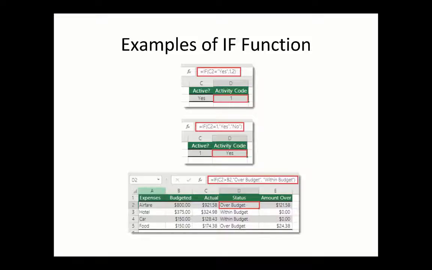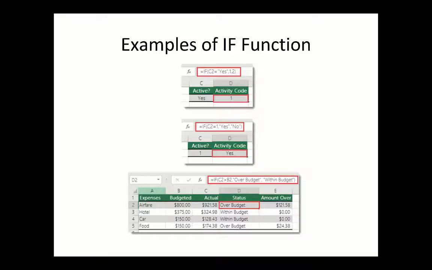Instead of the text yes listed in cell C2, now we have a 1 listed. Let's change our conditional statement to test if the data in cell C2 is equal to 1. If this is true, we want the word yes returned, and when false, the word no returned. Note that we have quotes around the yes and no due to the fact that this is text.